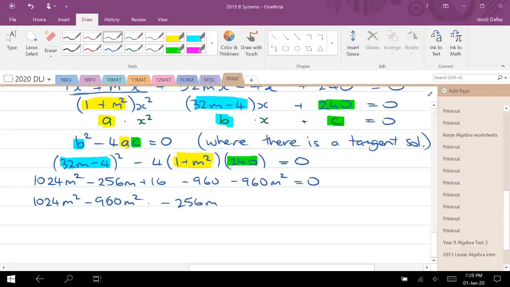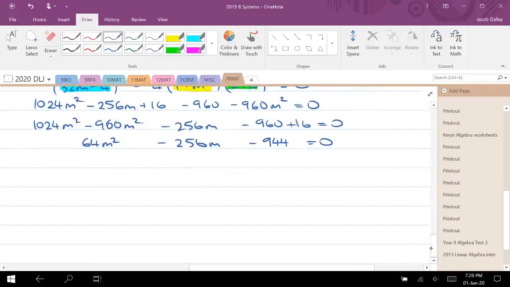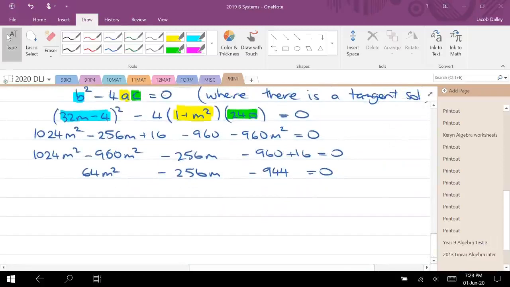There's no other m's other than this 256, and then we've got negative 960 plus 16 equals 0, and that will simplify to 64 m squared minus 256 m minus 944 equals 0.